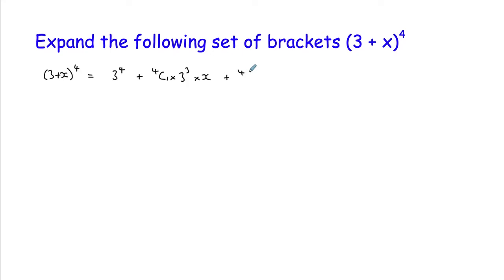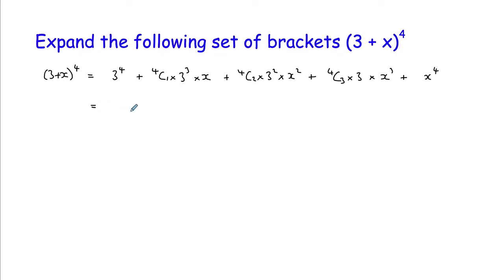We're then going to have 4C2 times 3 squared times x squared. We're going to have 4C3 times 3 to the power of 1 times x cubed. And then we're going to have 4C4, which is just 1, times x to the power of 4.